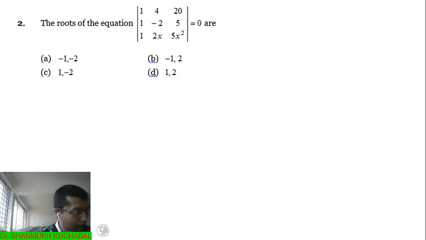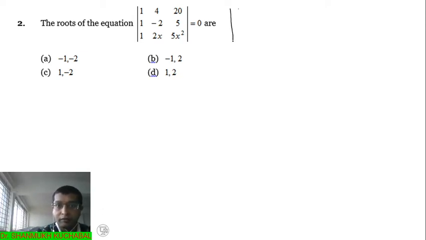Right. Example number 2. See, it is determinant equal to 0. We have to find the roots of the equation. So for that I will put x and y values. I am not going to expand this determinant. I will substitute these values in the determinant.